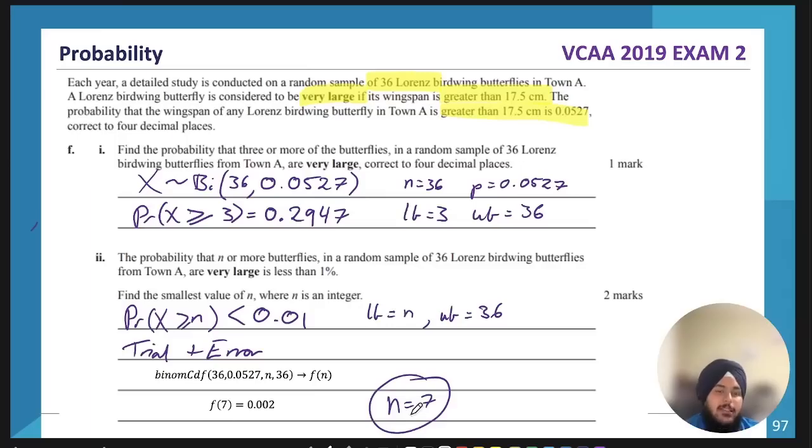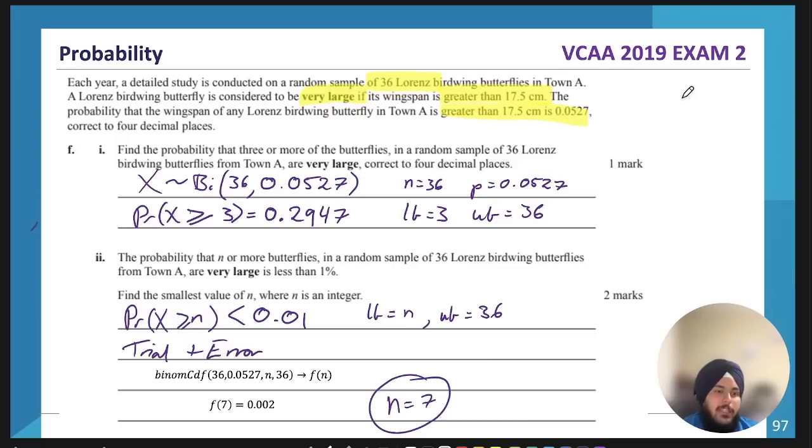Okay, so here's just a practice question. If you're doing this at home, have a go at it, but I have the solutions on the screen. Each year, a detailed study is conducted on a random sample of 36 Lawrence birdwing butterflies in town A. A Lawrence birdwing butterfly is considered to be very large if the wingspan is greater than 17.5 centimeters.